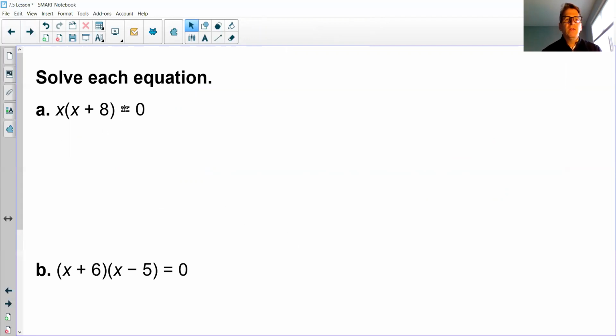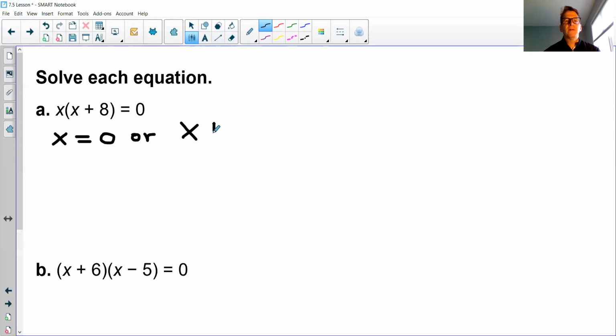If you're going to solve it, you're saying to yourself, what number x times x plus 8 equals 0? A number times a number equals 0, so that tells you that x is equal to 0 or x plus 8 is equal to 0.